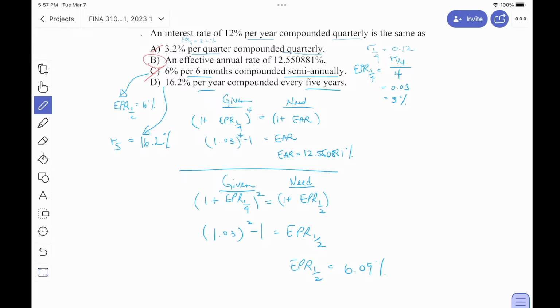Well, all the stated rates are related to the effective rates with that expression that I showed you, that EPR subscript n is equal to R subscript n divided by the number of compounding periods in 1 year. So the subscripts are usually fractions of a year, but in this case we have years, not fractions of a year. But that's fine. We can still use that. The conversion is actually going to be using the 5 year. So this means that the interest is compounded every 5 years.